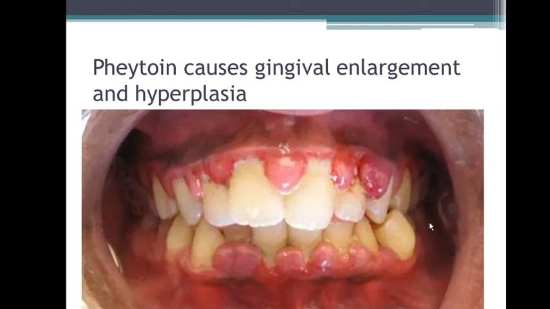So I hope that today's topic was interesting, and I hope this will help you in the clinic. My advice for young dentists: please try to learn as much as you can the side effects of the drugs.